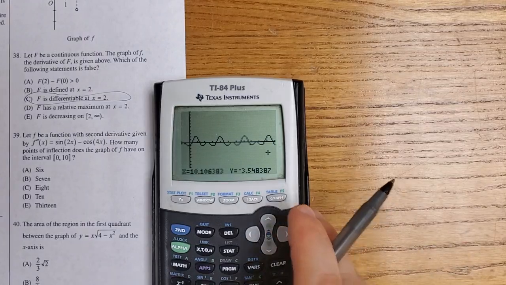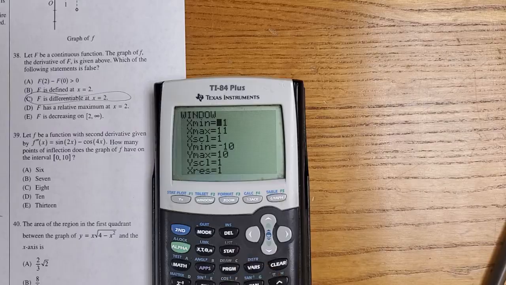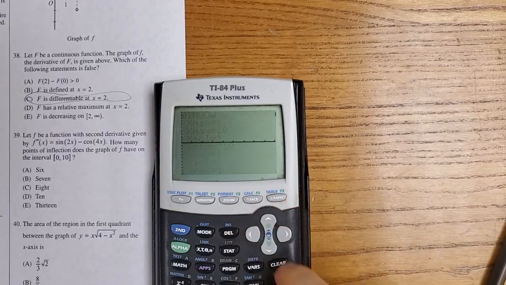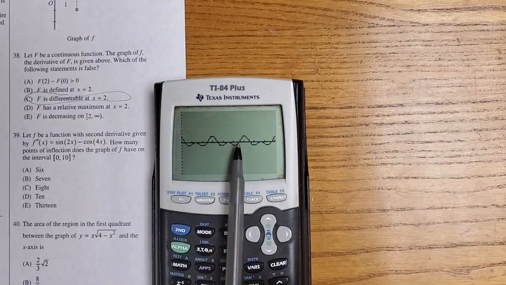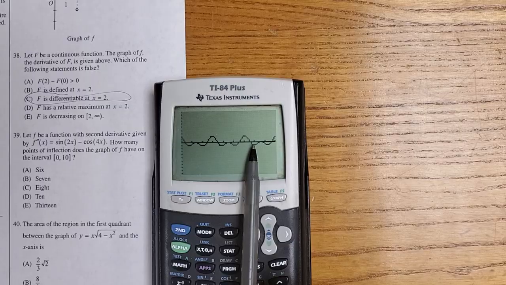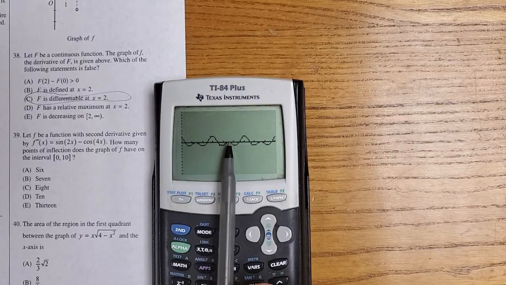Don't just count what's on the screen. Make sure you're saying it. We can even do that. We can just say 0 and 10 if we want to not trip ourselves up, and make sure that we're only looking at that interval. And then that's a little more clear. 1, 2, 3, 4, 5. 1, 2, 3.